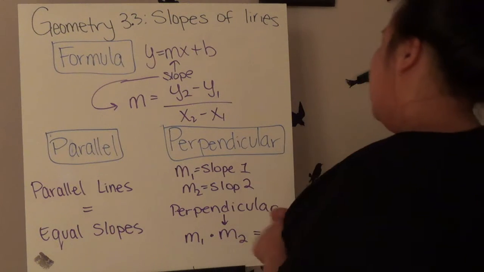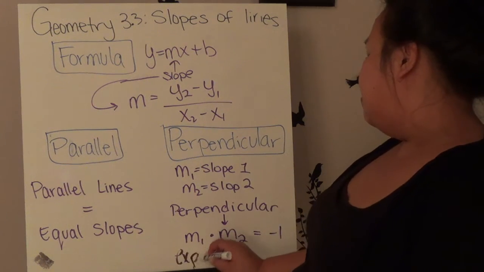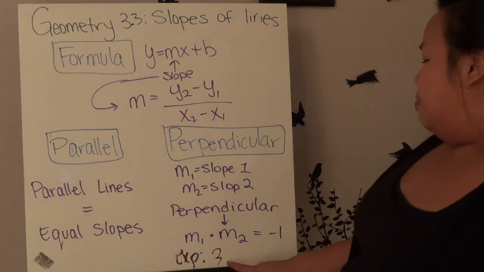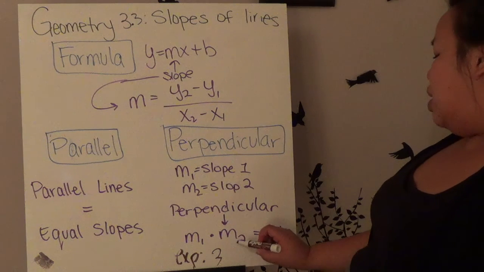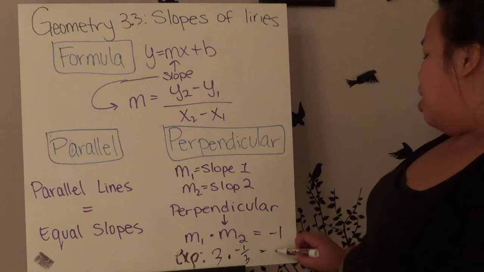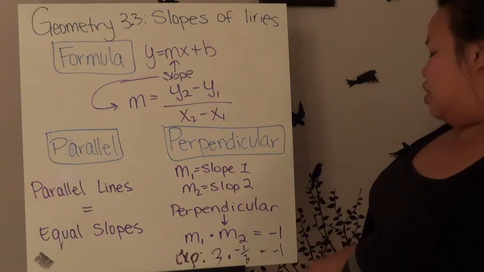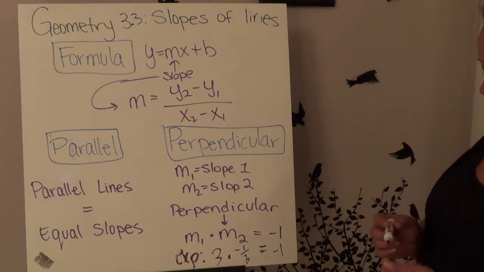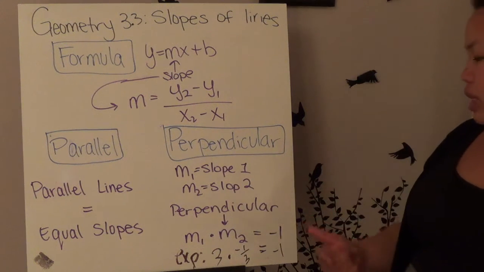So basically, let's say my slope here, for example, is 3, okay? My opposite one would be -1/3, because if I multiply this together, I get -3/3, which gives me -1. So you just take your slope, you flip it, and you change the sign.